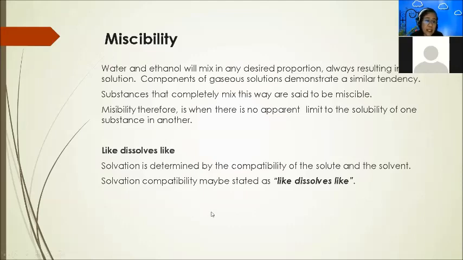So, they are not miscible. Kaya nga, even if you mix, kahit na pakuluan mo yan, dagdagan mo ng temperature, whatever, there will come a time that the two will separate and you will see with your naked eye kung nasaan yung oil composition and the water composition. Tama ba? Okay? All right. So that's what we mean by like dissolves like.